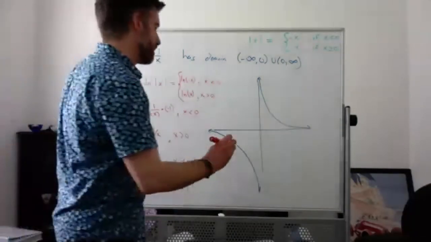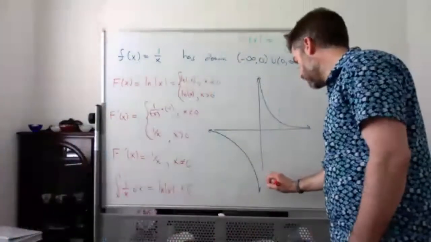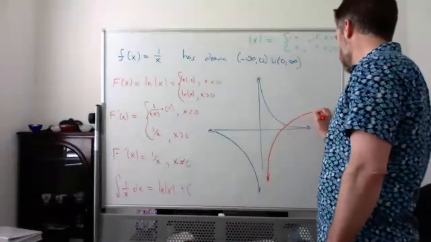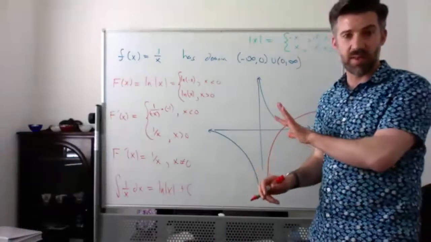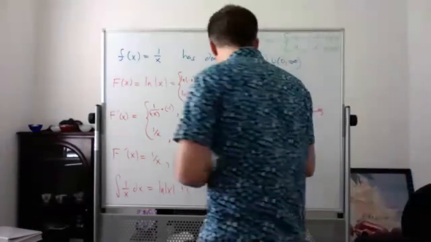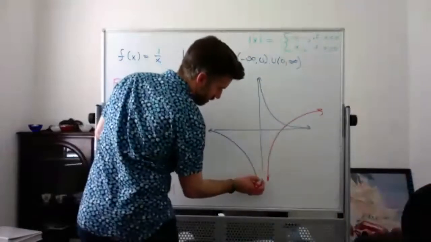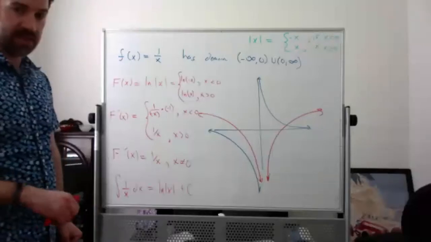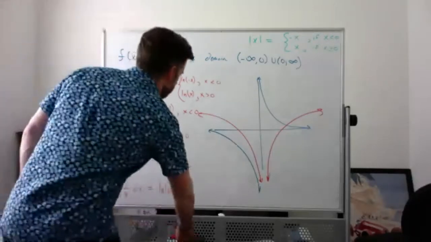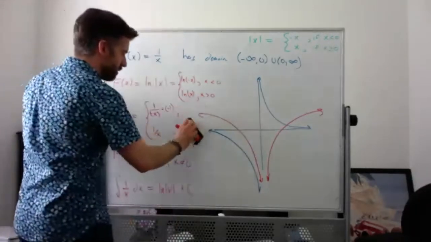And it looks like this. So here's my natural log function, right? And then since it's natural log of absolute value of x, it's going to have a mirror image in the y-axis and also look like this. And that's my antiderivative.